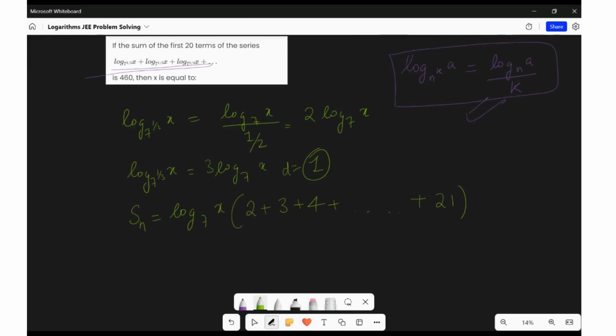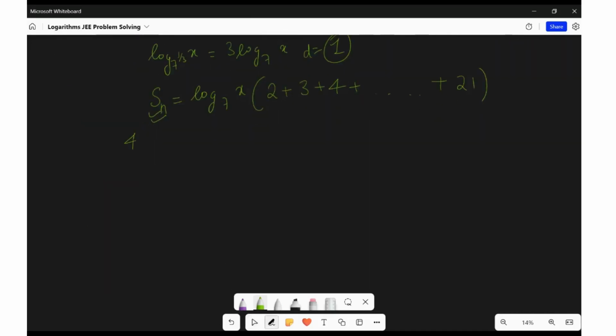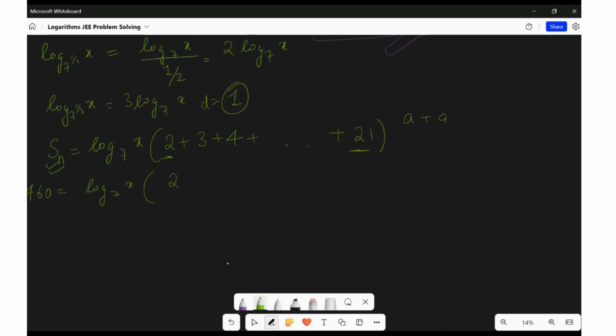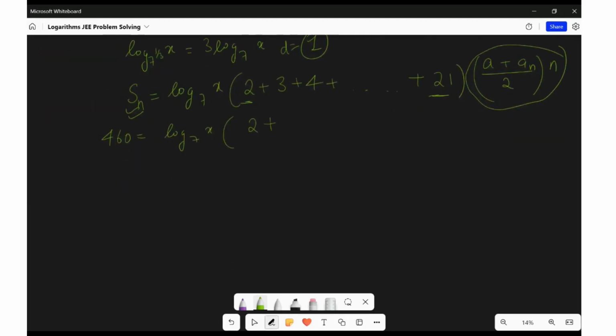That's a very common and obvious thing. So Sn is 460, right? So 460 is log x base 7 into, now the sum of the series, if we are given the first term and the nth term, is (a plus a_n) by 2 multiplied by n. This is the formula for that. So (2 plus 21) by 2 into 20.